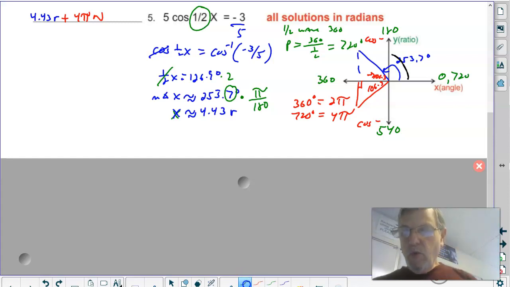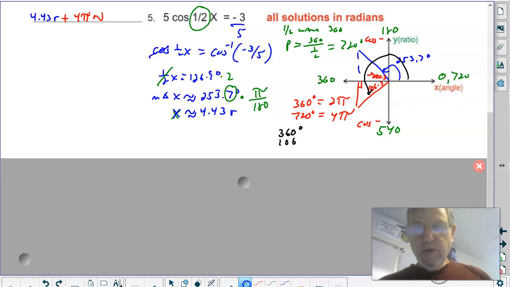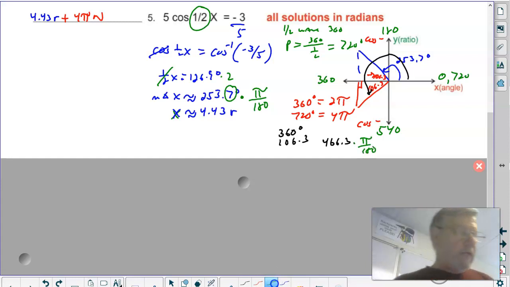So watch, 360 plus 106.3 is 466.3. And again, they want it in radians, so now I'm going to convert it times pi over 180.